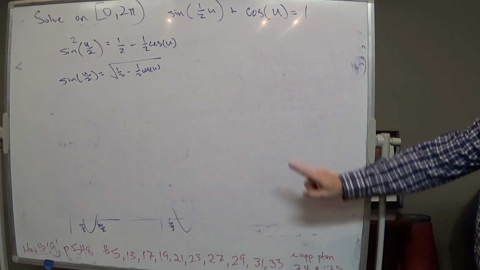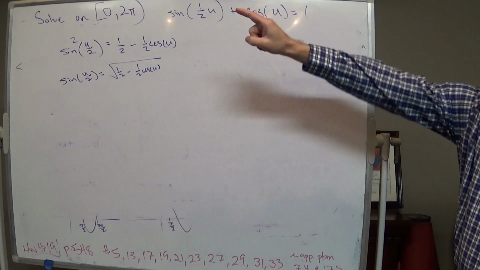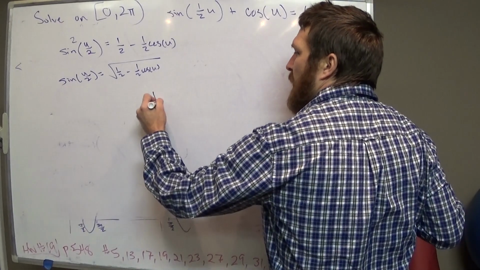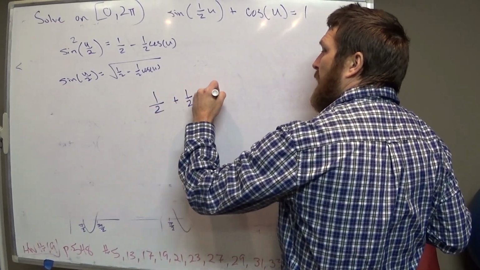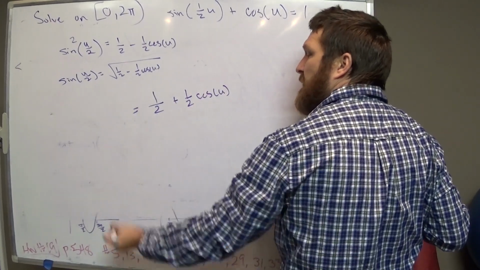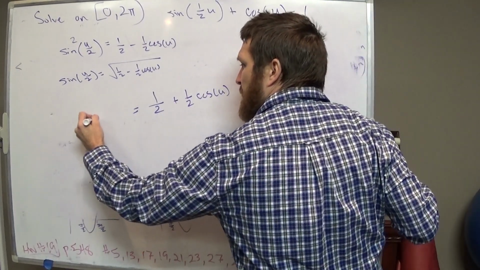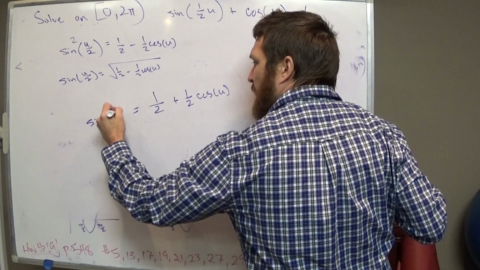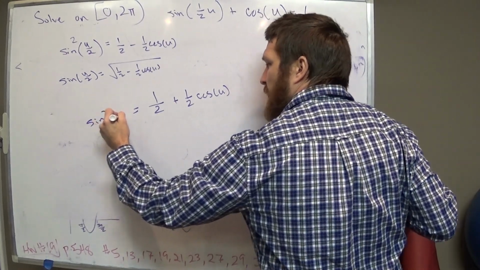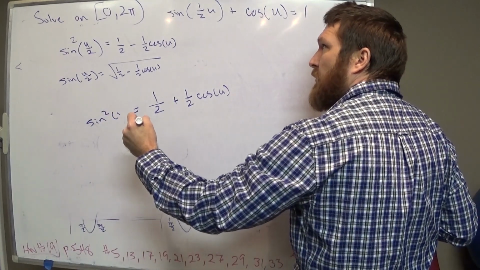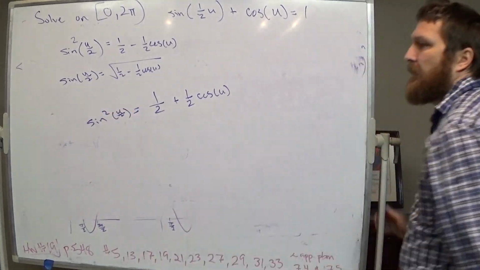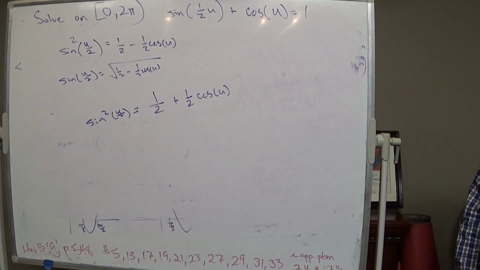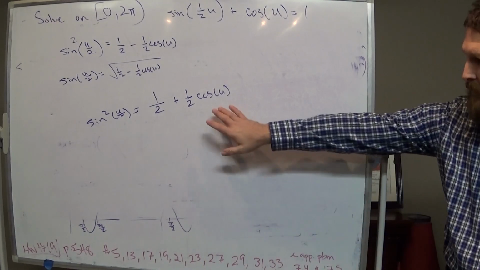So, you got that one too, so watch that. Cosine u should be the same thing as sine squared, wait, cosine u over 2. Yeah, u. Like that. Did I do that right? Yeah.